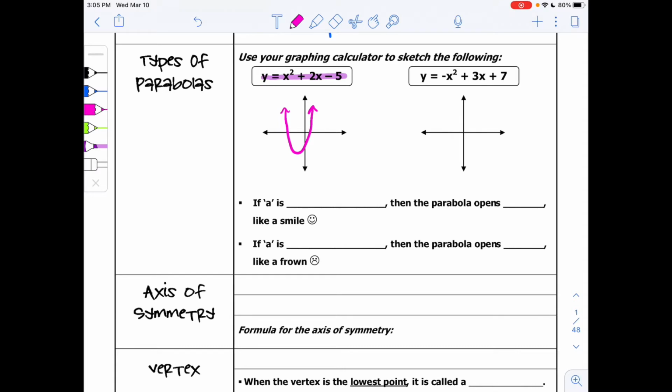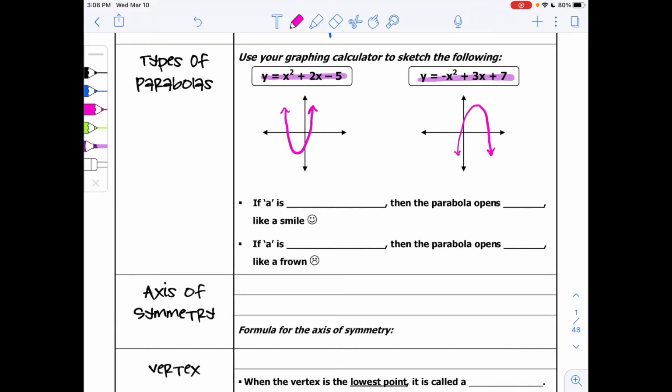Now, put in the equation y equals negative x squared plus 3x plus 7. You get another parabola, but it looks a little bit different. It's opening downward.